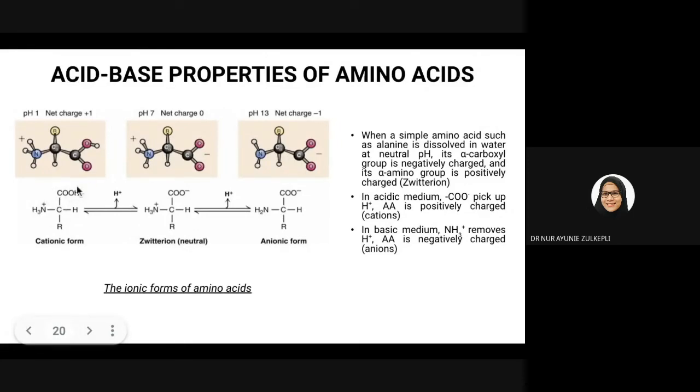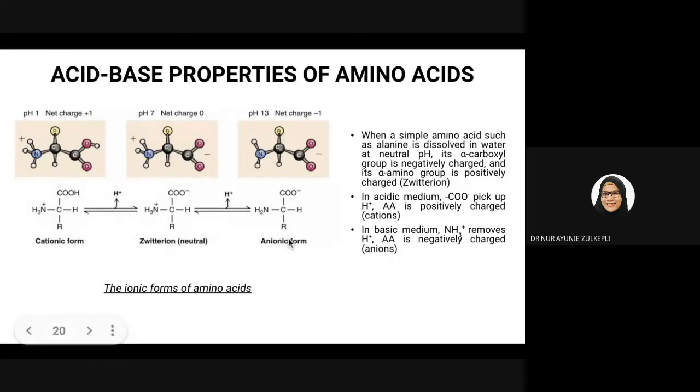When the carboxyl group is uncharged, there is a positively charged amino group, so the charge is unbalanced. The net charge is +1, so it is called a positively charged amino acid in a cationic form. Do you understand or not?